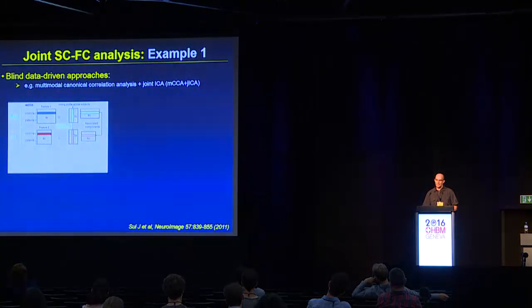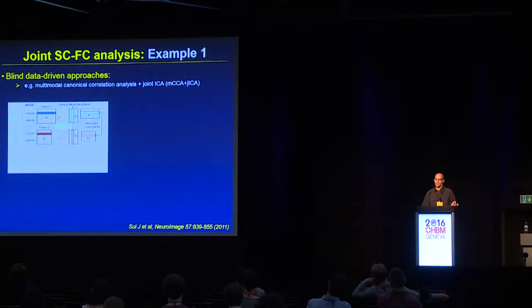So schematically, how it works is you get your fMRI data and your diffusion data. You do your MCCA analysis, and you have to choose some features to be able to do this MCCA analysis. So for example, for the functional data, you can use your results from a typical GLM study, so your network of activation maps.